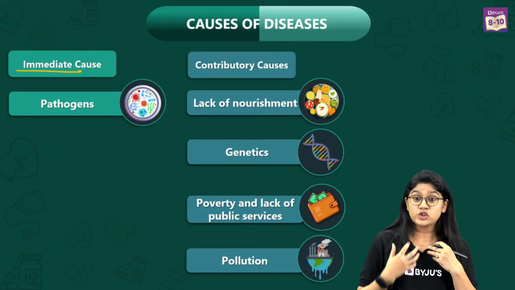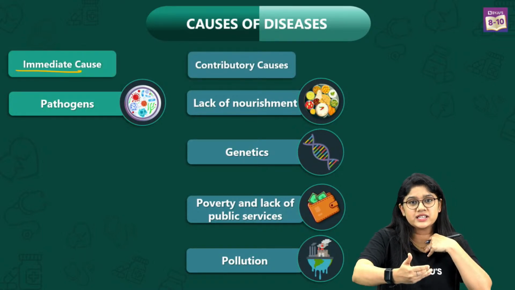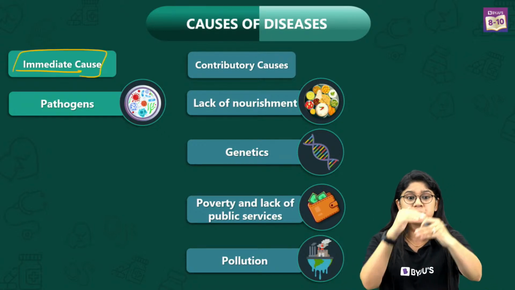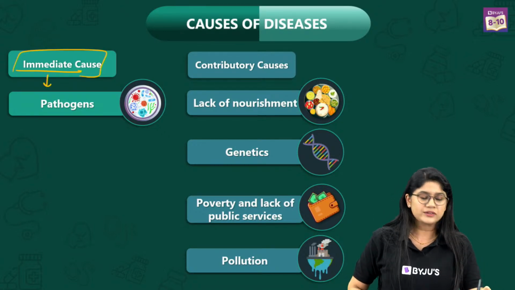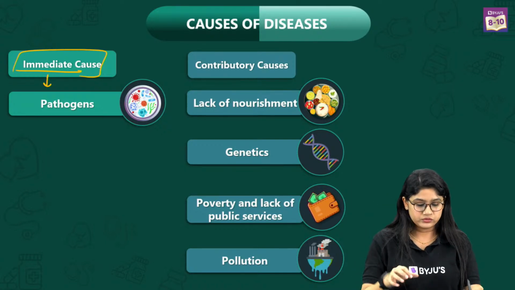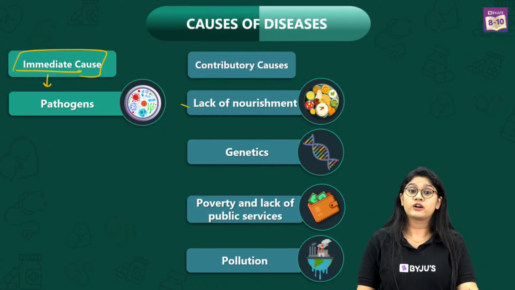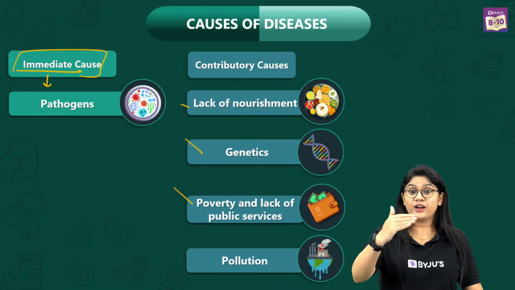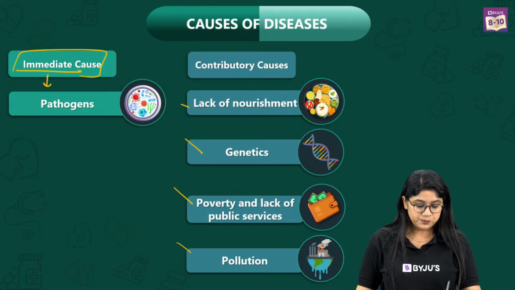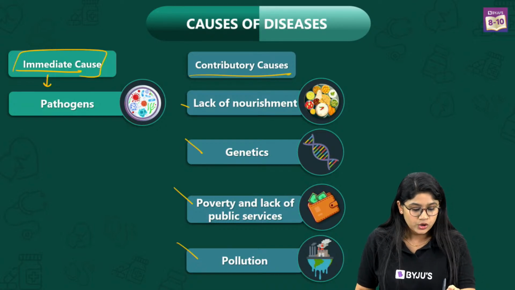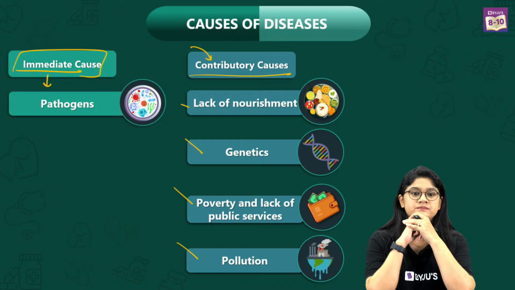So if there is a pathogen in my body, I will get the disease immediately. There are no steps in it, right? Because of a pathogen, I got the disease. Simple. But if these things are there, maybe the lack of nutrition, or genetics, or poverty, or the lack of public services, or pollution, these all are added up into the contributory causes.